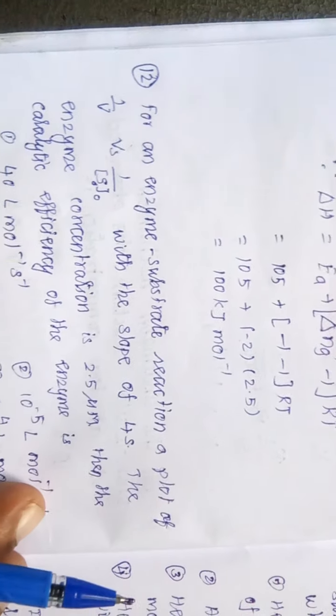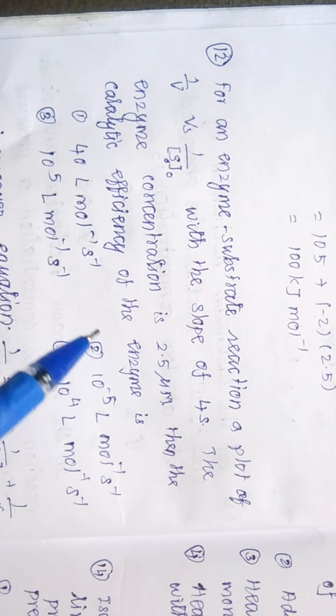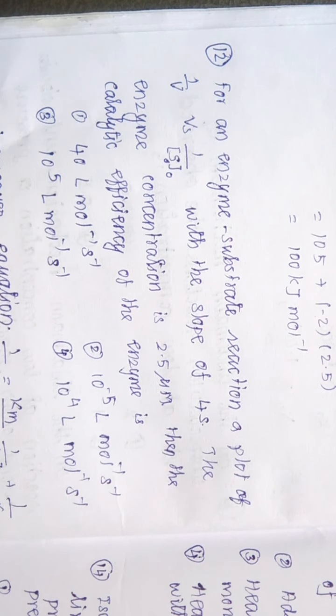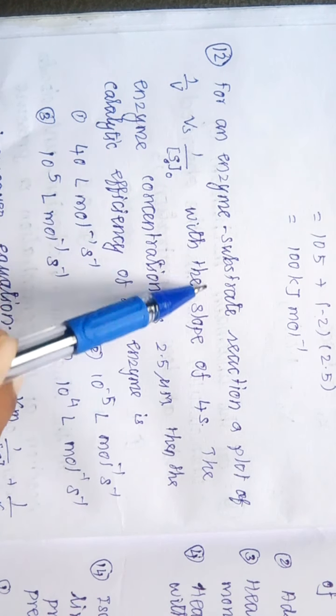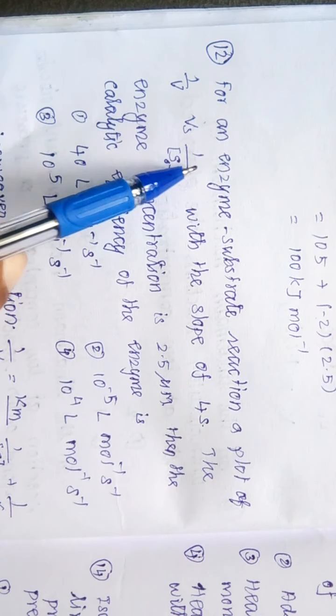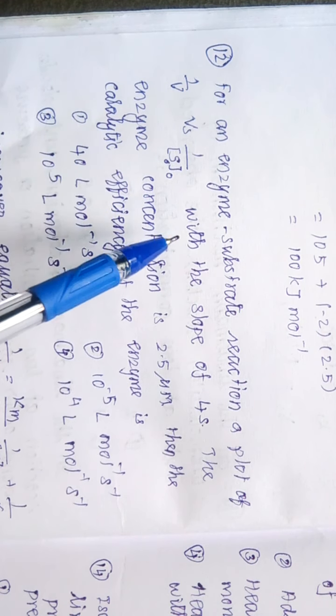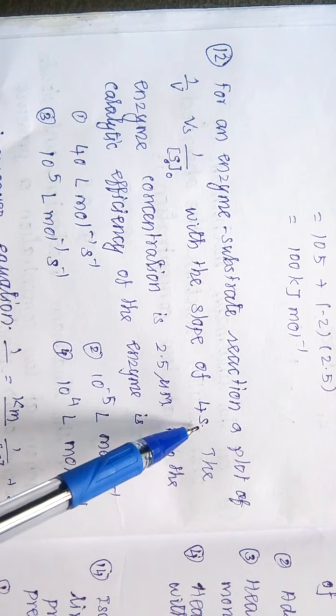Now the next question, this is one important question. This is a Lineweaver-Burk plot for an enzyme-substrate reaction, 1 by V versus 1 by S0. In this plot of 1 by V versus 1 by S0, the slope is 4 seconds.